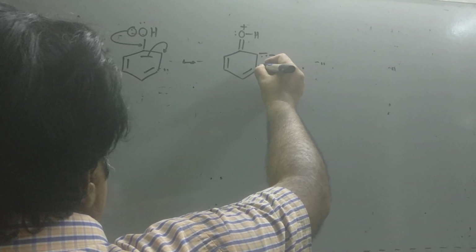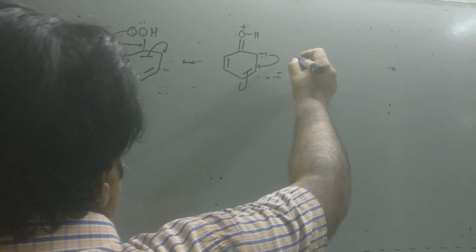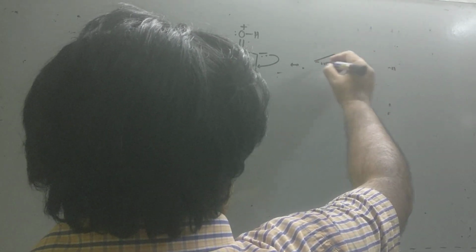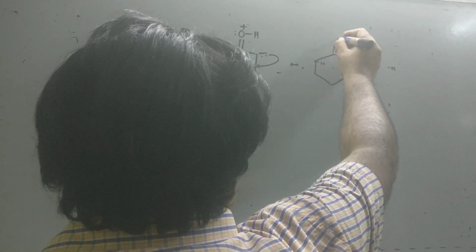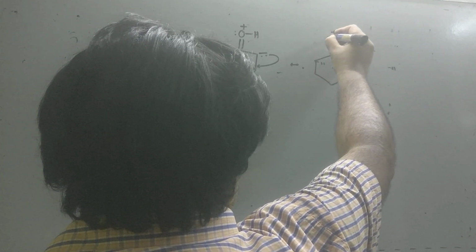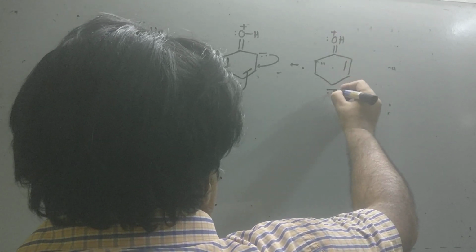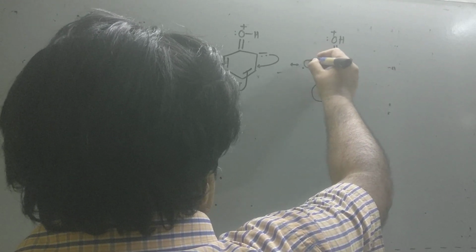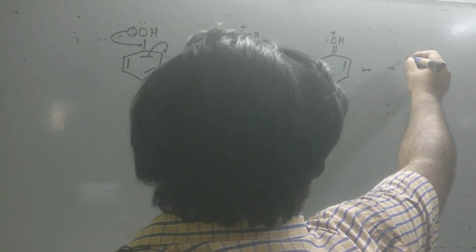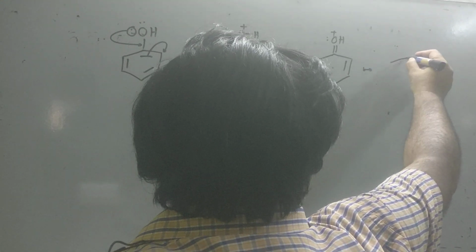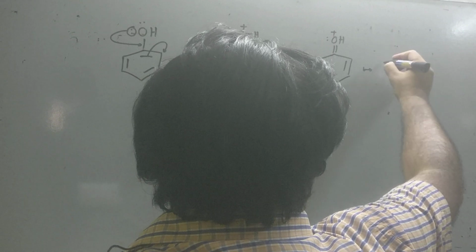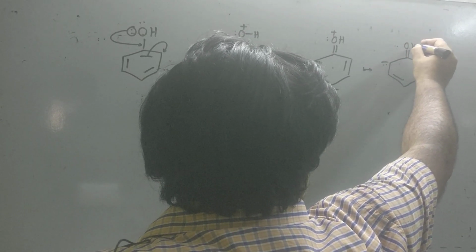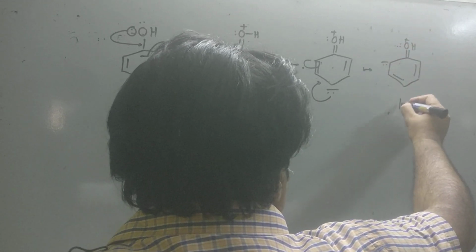Let's move further. Again the lone pair becomes a bond pair, and this is the third structure, then the fourth structure, and the last structure.